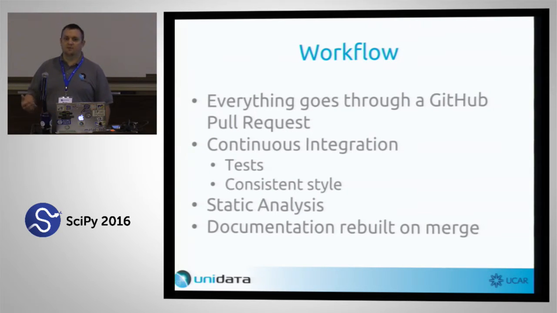We also have web services that will do static analysis of the code to try and make sure that we're not putting anything static analysis can detect in Python, which is not an extensive amount, but it helps. And then also having the documentation automatically rebuilt with every commit of code, to make sure the documentation is staying up to date, and it actually helps motivate adding good docs if you know it's going to be appearing online.